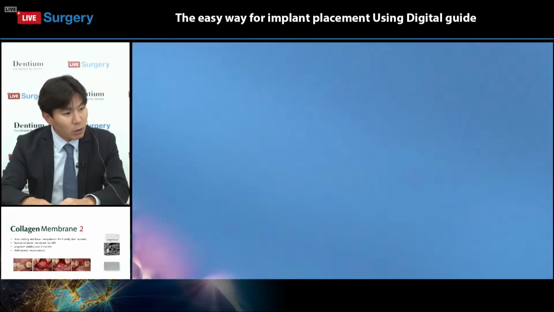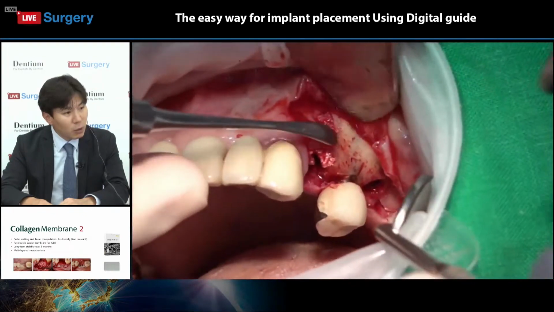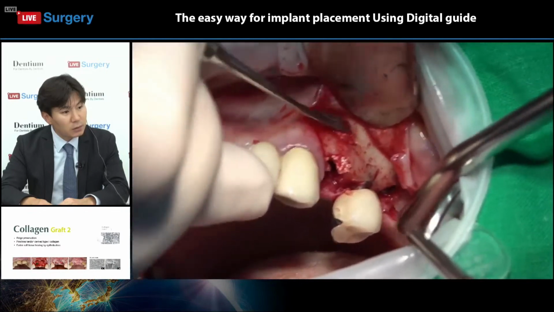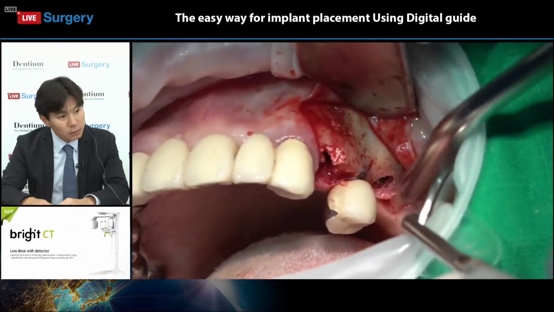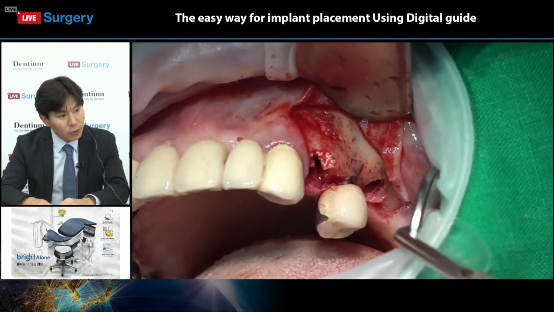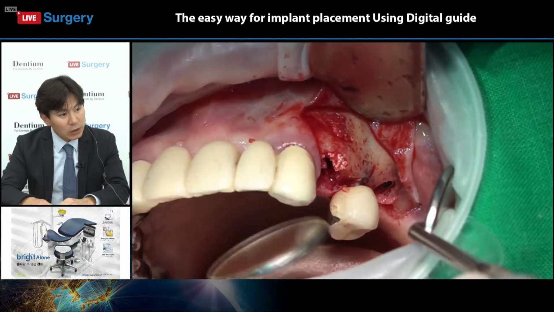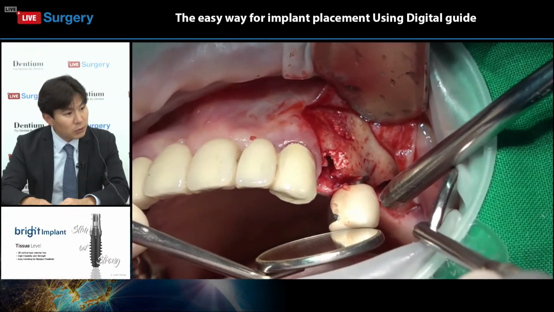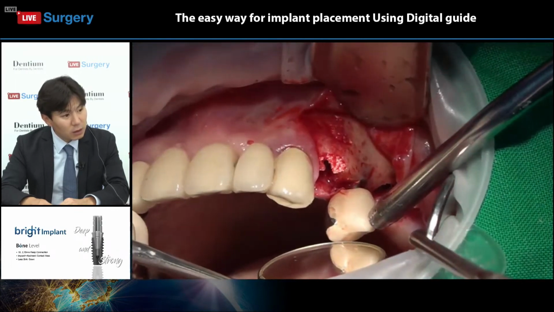And I think all the implants were placed subcrestally. For the 26 area, I think 1.5 millimeter subcrestally.